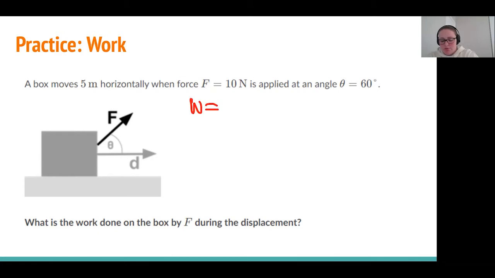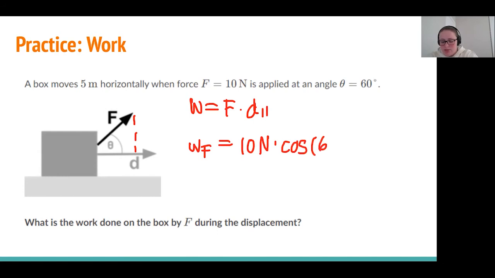So work is equal to force times distance, parallel again. In this case, we can see, again, the force is at an angle, but there is a component of it that will be parallel, which is the x component. So we can take the force, which is 10 newtons, and we want that parallel component, which is the adjacent angle, so times cosine of 60 degrees, which is the angle given, and times our distance, which is parallel to that, which is 5 meters.